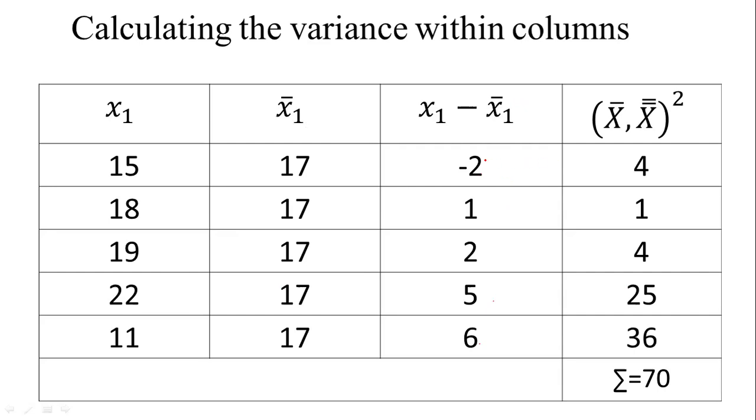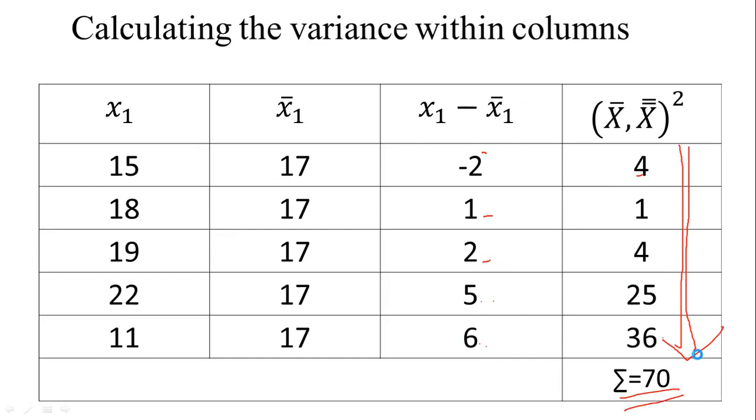When you square 2, you get 4. When you square 1, it's 1. When you square 2, it's 4. When you square 5, it's 25. And when you square 6, it is 36. So you add all of them to get the summation of this group. So the summation is 70.